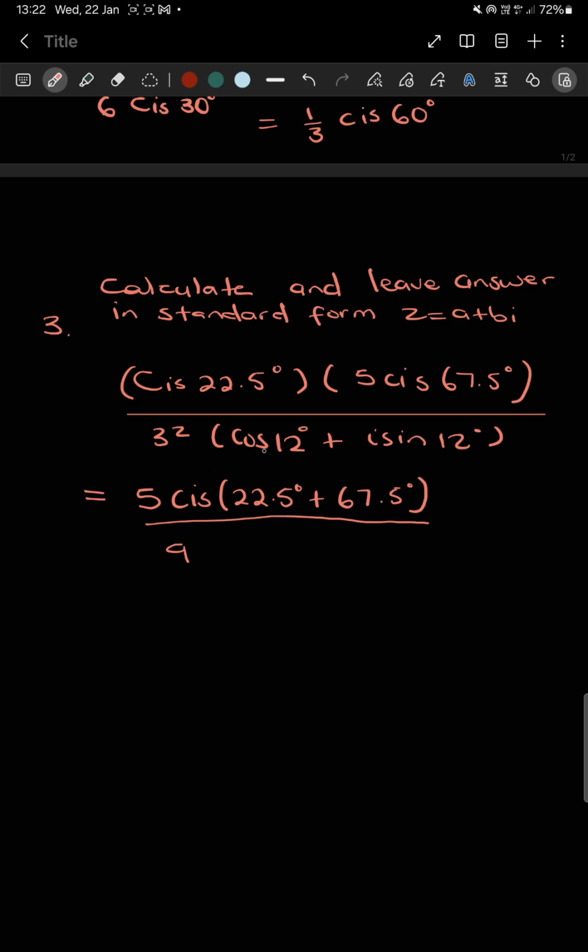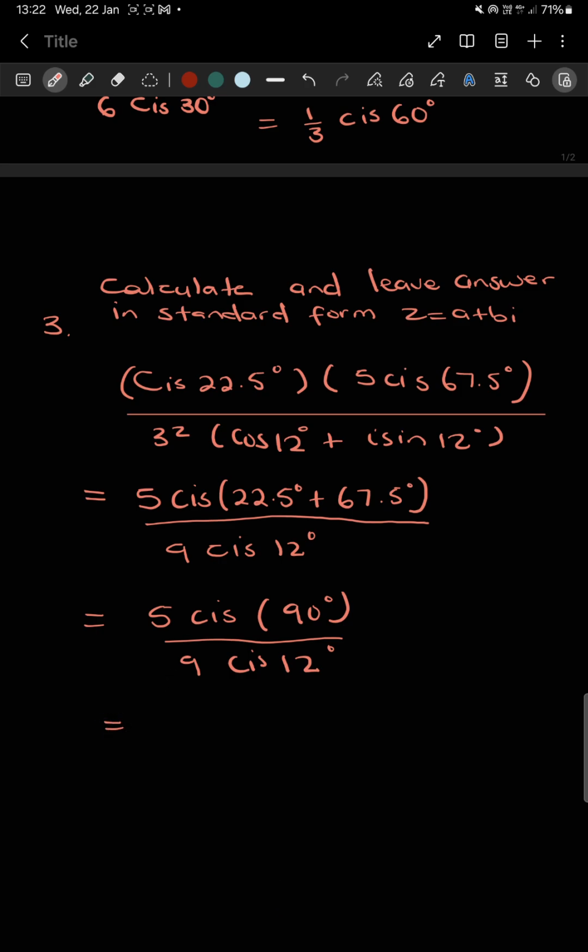So it's literally 9 cis 12 degrees. That's it. All right, let's go on. Add what we need to add. This gives us 5 cis 90 degrees over 9 cis 12 degrees.